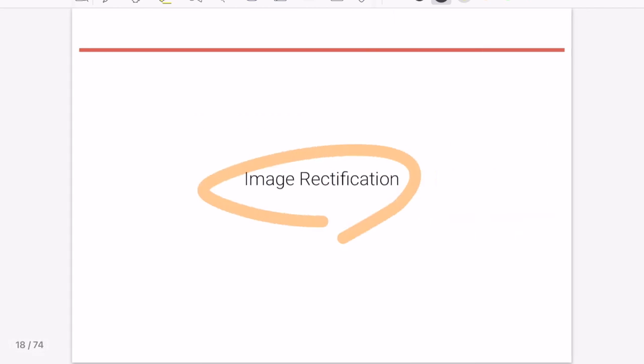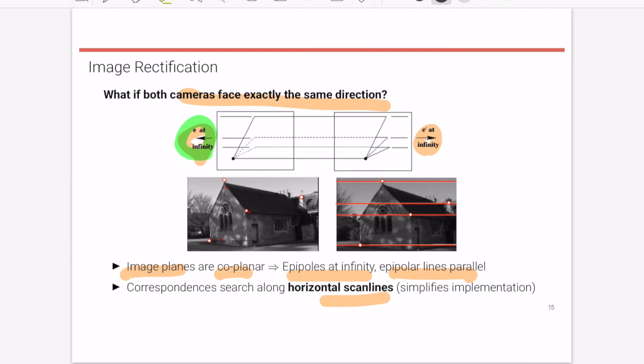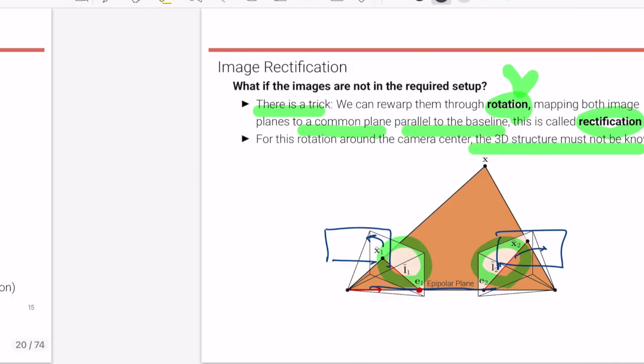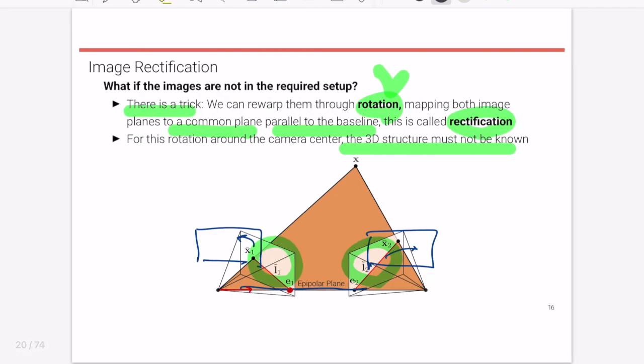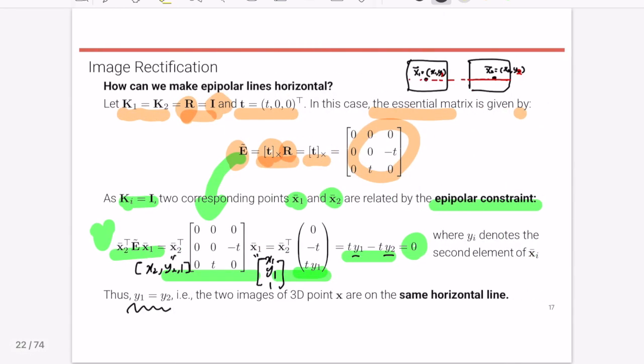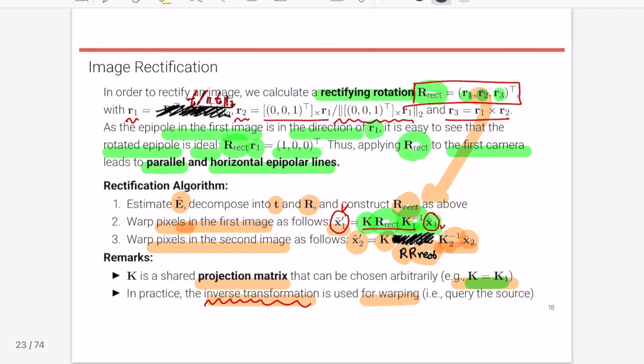So in image rectification, we rectify the images to make both cameras face exactly the same direction. In image rectification, we define a new matrix R consisting of R1, R2, and R3 as row vectors.